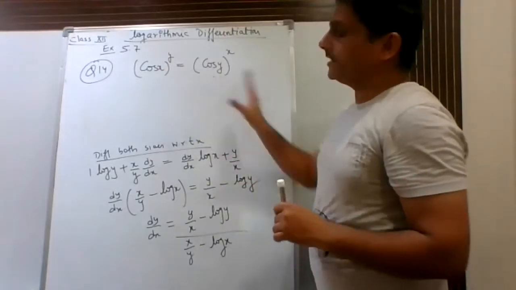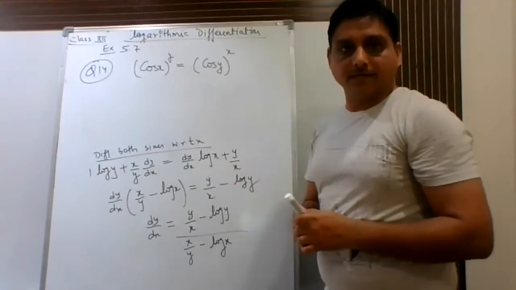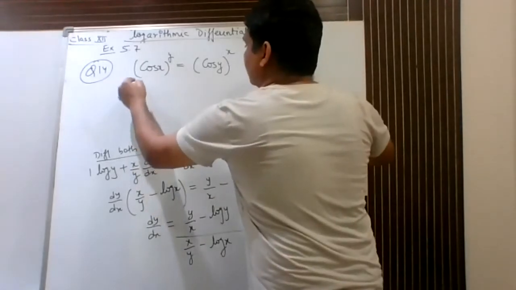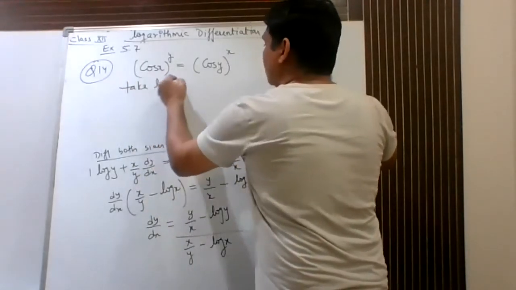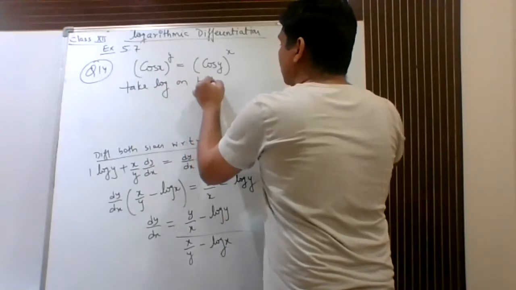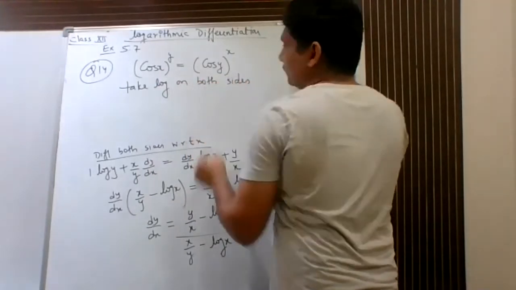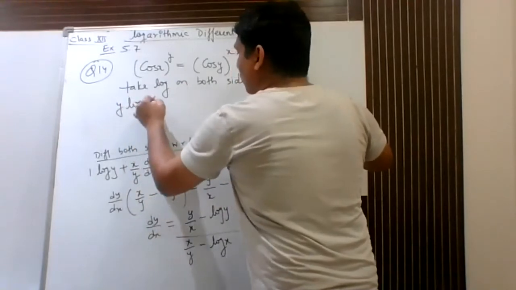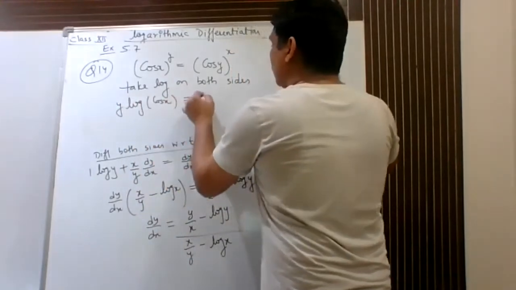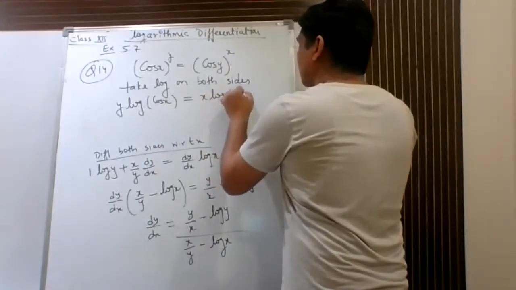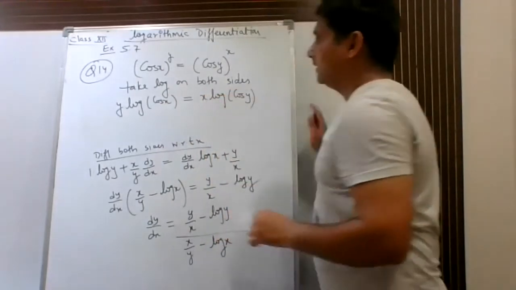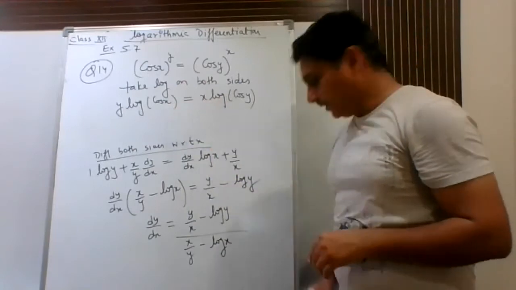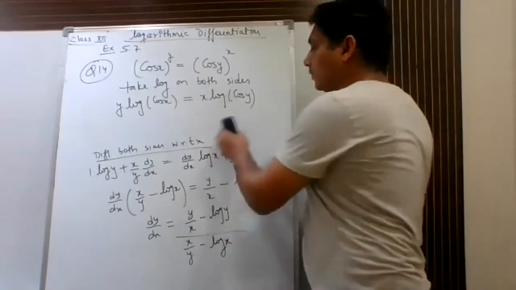So here in this question again, you will take log on both the sides. When you take log on both the sides, you will get this as y log cos x is equal to x log cos y. So this is what you will get after taking log on both the sides.